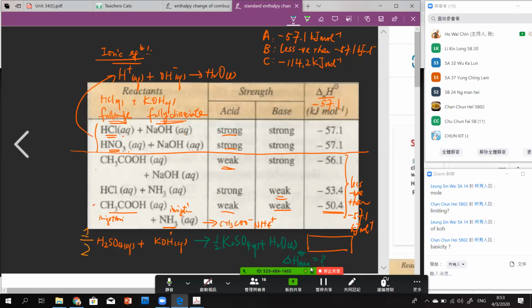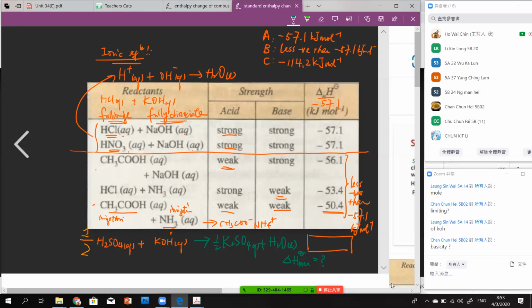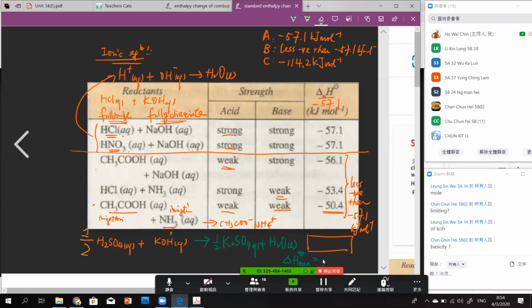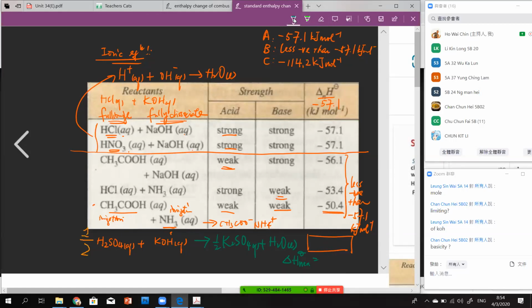You mean this? Yeah. So if you want to talk about this, the delta H of neutralization, it is what? It is still the same as minus 57.1.